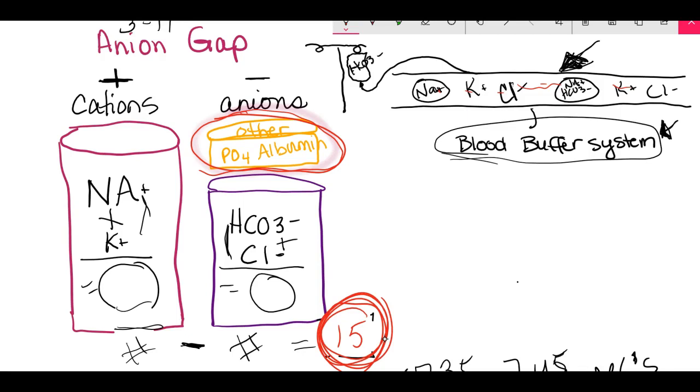Why? Is your body making too much acid? Is your body not making enough bicarbonate? It could be. It's hard to say why, but you have to look at the patient history. The most common acidosis is going to be your ketoacidosis.